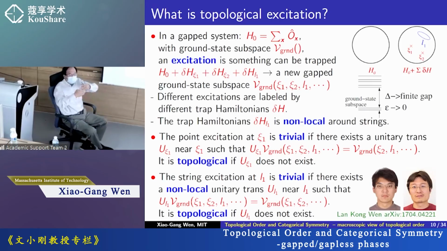If two traps can be changed into each other without closing the energy gap, we say these two traps are equivalent. The equivalence class of a trap defines the particle type, and how many equivalence classes of traps there are is already a very important piece of data for entanglement.